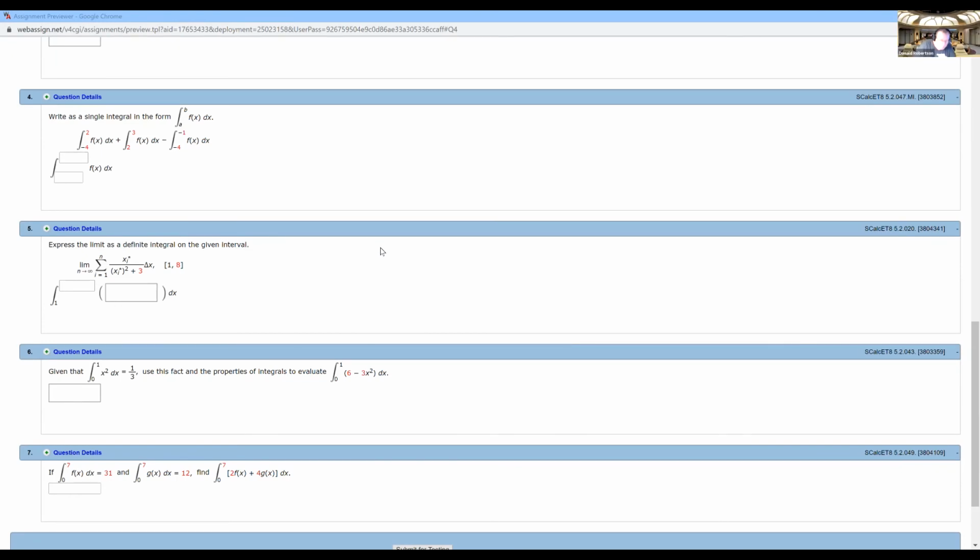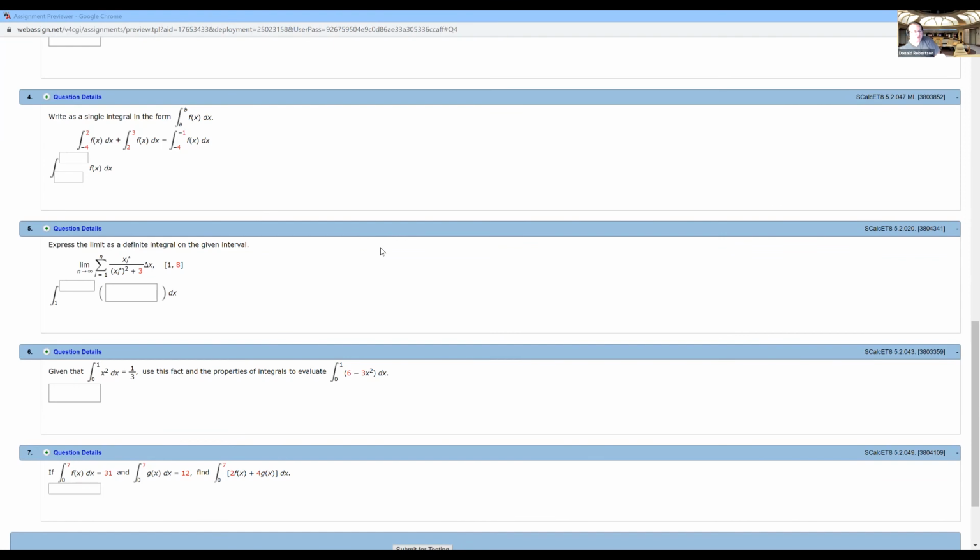Right. So we're being asked to combine the integral from -4 to 2 of some function plus the integral from 2 to 3 of some function. And then the sneaky part, take away the integral from -4 to -1 of some function.